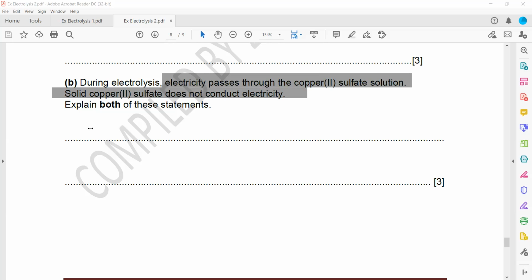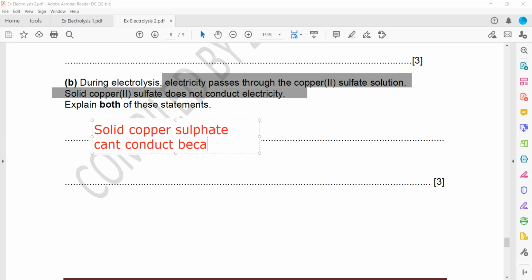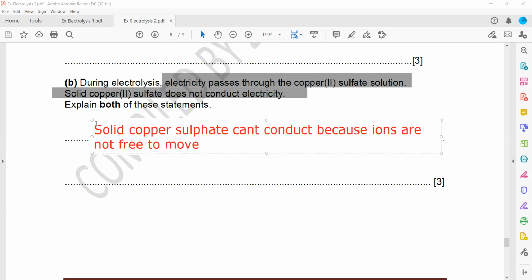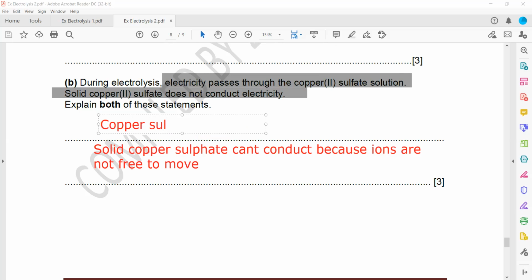So solid copper sulfate is an ionic compound, and it cannot conduct because ions are not free to move. One mark is for mentioning that copper sulfate is an ionic compound. For ionic compounds in a solid state, ions are regularly arranged, so they're not able to move.